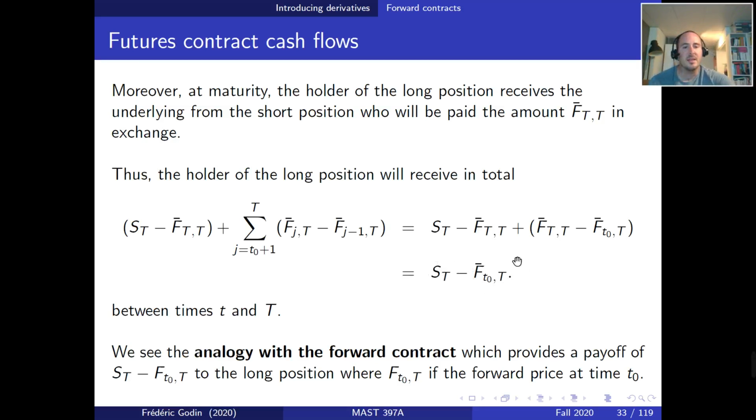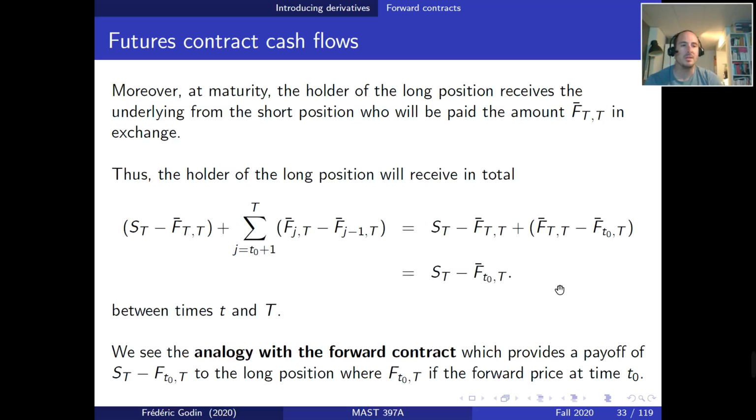You can see that the futures price acts a bit like the strike price, because in total, if we disregard interest and time value of money, at maturity the long position on the futures contract will have received S T, the value of the underlying asset, and will have paid F T0 capital T, which was the futures price at the time the contract was initiated.